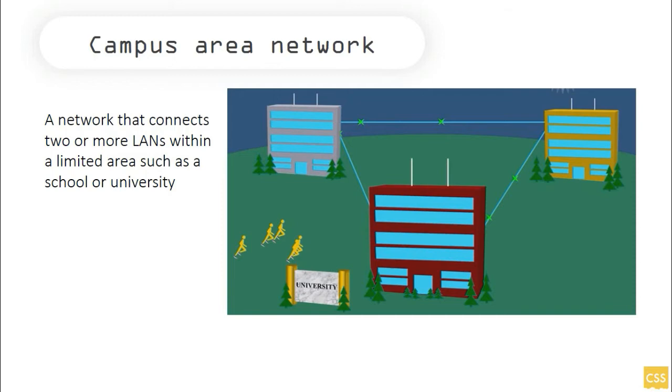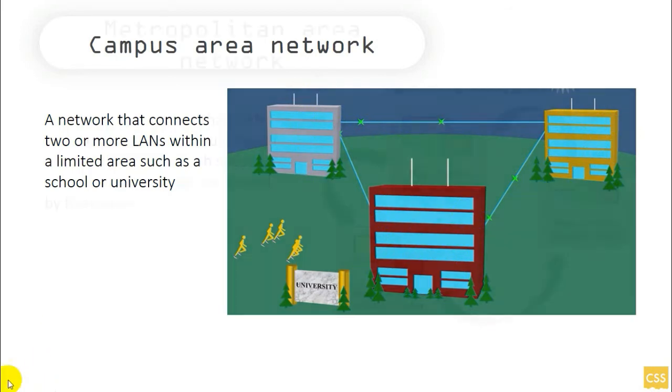So it could be building 1 from the math department, building 2 from the English department, and building 3, let's say, the senior high school department. But each department is still under a specific network. We can say it is the network of MNHS. So that's the CAN, or the Campus Area Network.